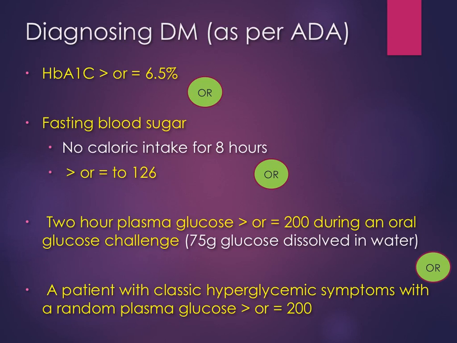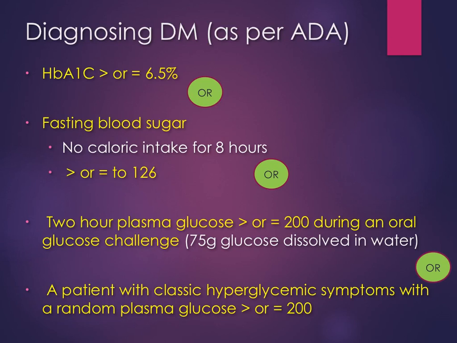As I mentioned before, a hemoglobin A1C greater than or equal to 6.5. Congratulations, you have diabetes. A fasting blood sugar, meaning that they've had no caloric intake for 8 hours, equal or greater than 126. Congrats, you have diabetes. A 2-hour plasma glucose greater than or equal to 200 during an oral glucose challenge will also give you a positive test for diabetes.